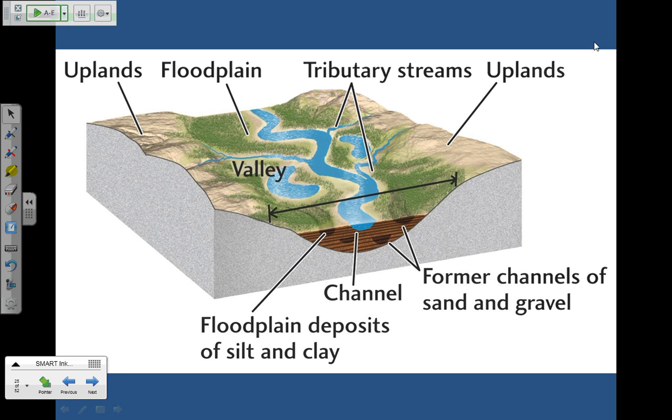Notice these former channels, where that river channel was flowing in the past. We can find these preserved in our rock record, which means that we can identify that positively as a river or riparian setting. Riparian is just another word for river system. So if you ever hear the word riparian, you know we're talking about a river, river related.